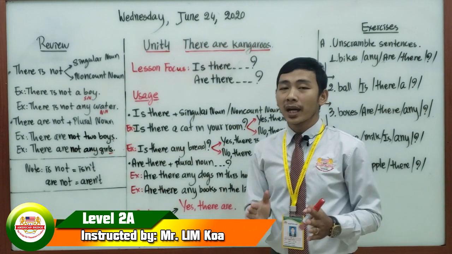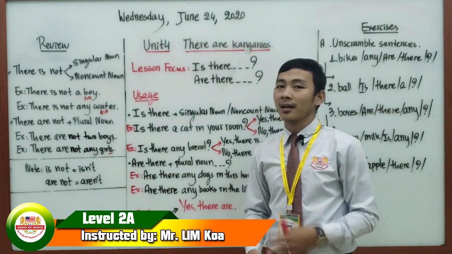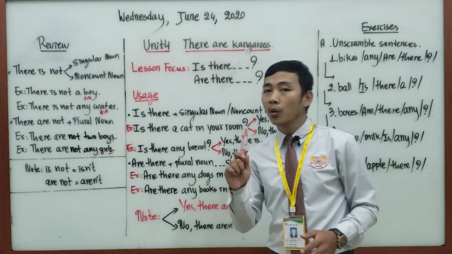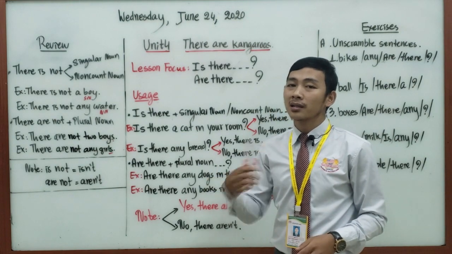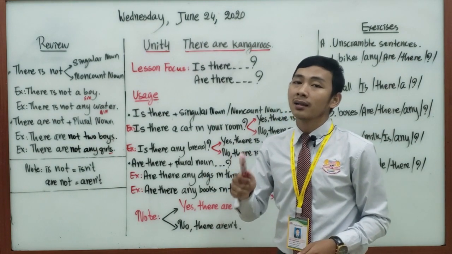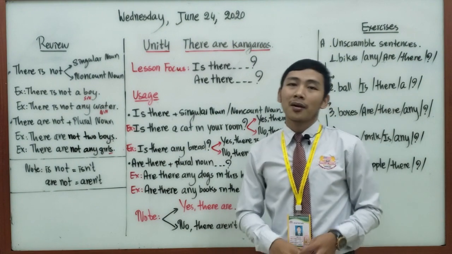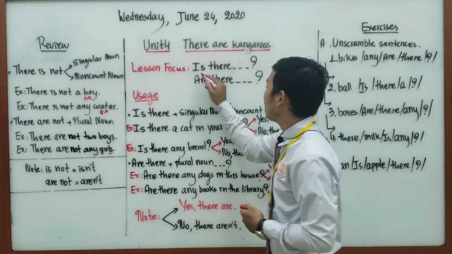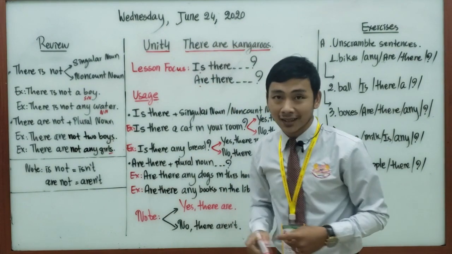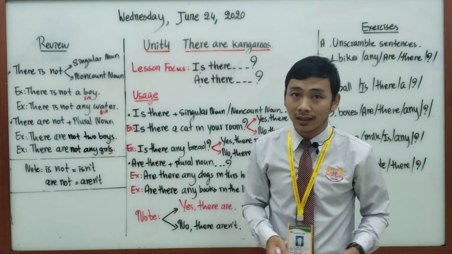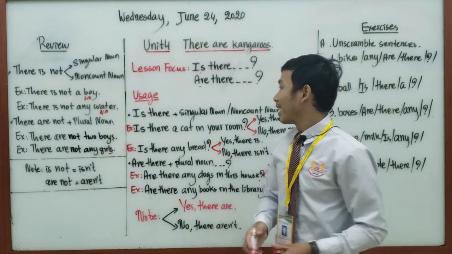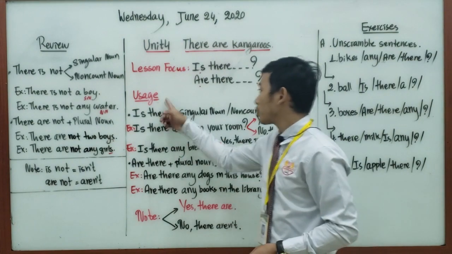When you want to make there is and there are into a question sentence, we do not put the verb to be, or we can say we do not put is or are after there, but we put is and are before there to make a question sentence. Got it? And the rule, how to use it?